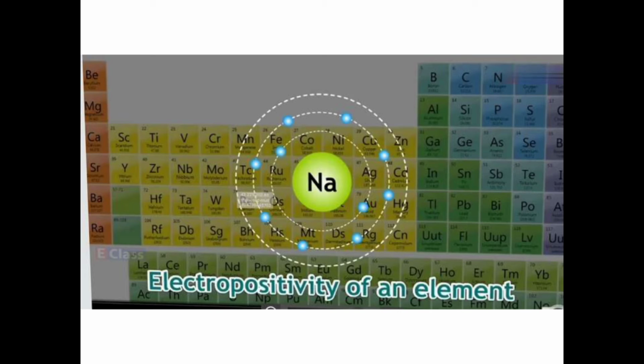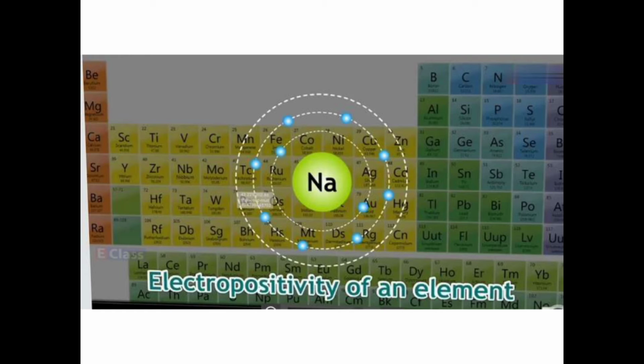We have already seen that ions have the stable configuration of the noble gas, because by accepting or donating electrons they form 8 electrons in the outermost orbit, right?